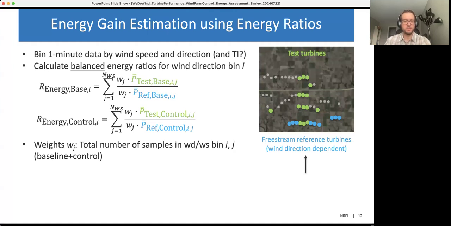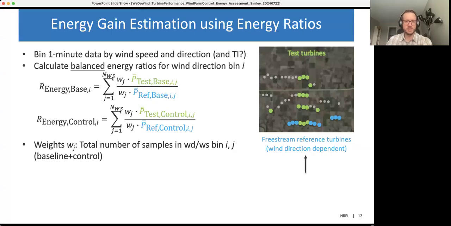And the reason we normalize by the energy of the reference turbines is we want to try to cancel out any other effects that could be impacting the energy of our test turbines. So maybe there are different atmospheric conditions, if there's high wind shear, or if we're not binning by turbulence intensity, there may be different turbulence intensities during our baseline and control periods.